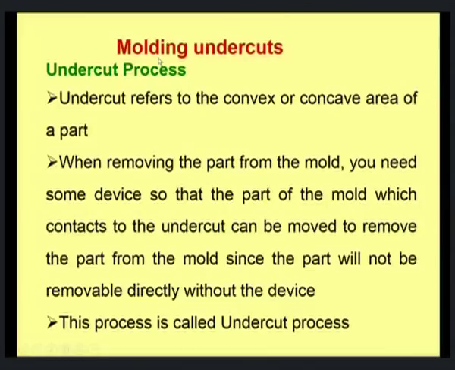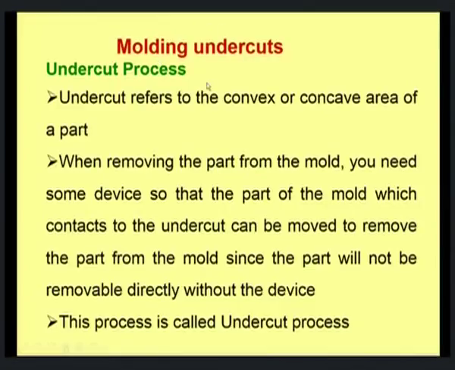Next, we will move on to the undercut process, that is, how to prepare molding of parts that are going to have undercuts. Now, what is an undercut? Undercut refers to the convex or concave area of a part. That is, if the part is not of a square or rectangular cross section, the part involves a curved portion.